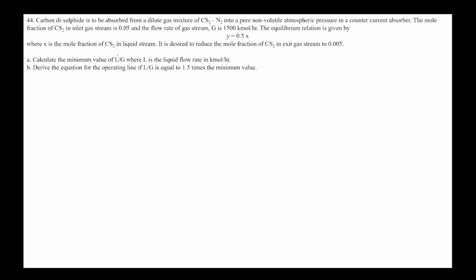Carbon disulfide is to be absorbed from a dilute gas mixture of CS2 and N2. Okay, so very first we'll draw the diagram. If this is our tower, this is Y1, this is the CS2 N2 mixture, and solvent will come here.